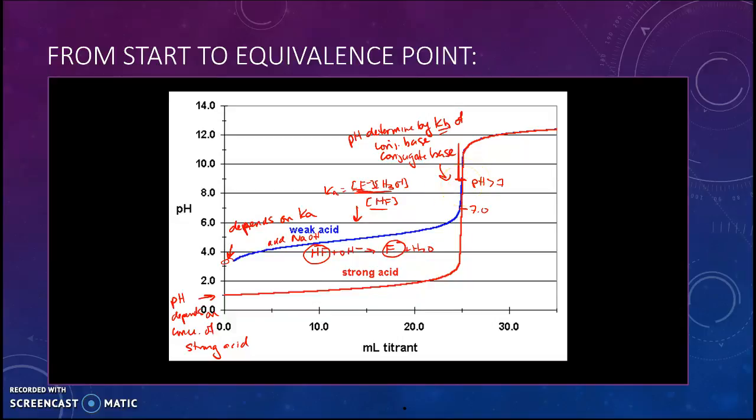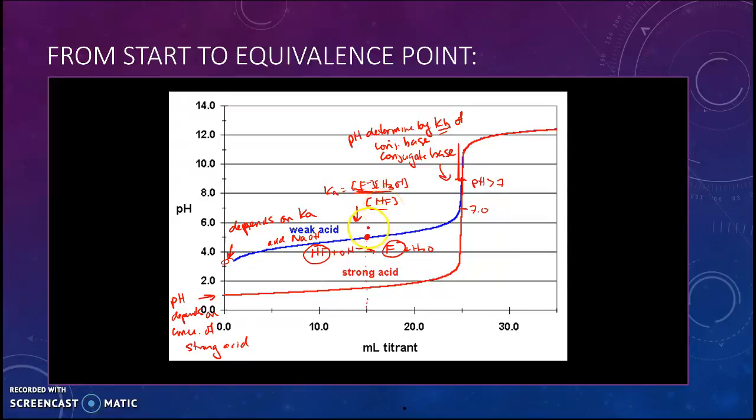And then we have this really cool situation where if you go from where you start to the equivalence point right here, when you're halfway there, so say that this equivalence point occurs at 30, so when we're at 15, about right there, we've neutralized exactly half of the HF, and so we have equal concentrations of F minus and HF.